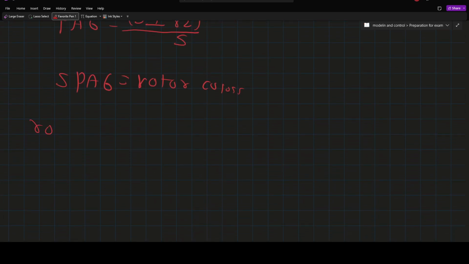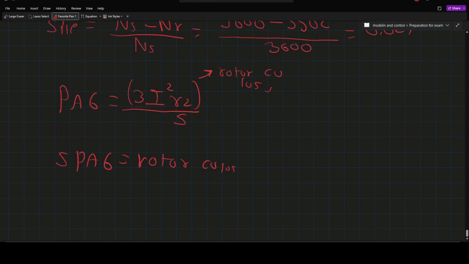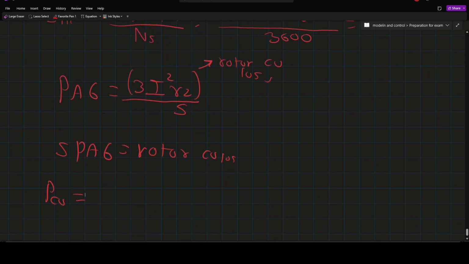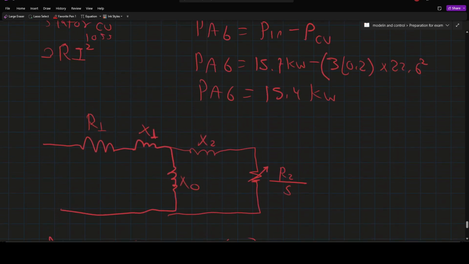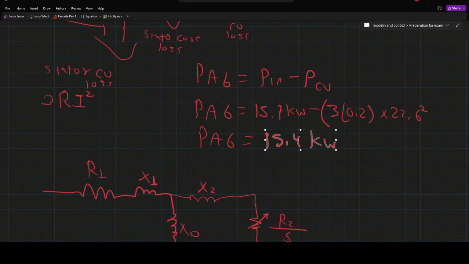So our rotor PCU is going to be equal to our slip that we just calculated, 0.0227, times our air gap power that we also calculated over here.